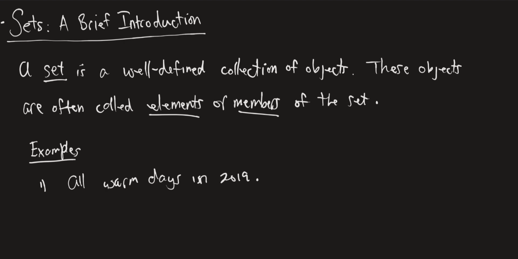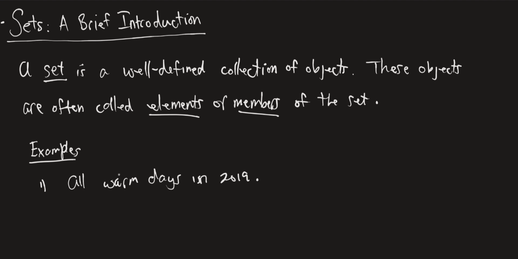So all warm days. Well, to determine if a day is a part of this collection or not, we would have to know precisely what we mean by warm. Now, is warm 80 degrees? Is it 85 degrees? Is it 90 degrees? Is it 75 degrees? So warm in itself isn't clearly defined.